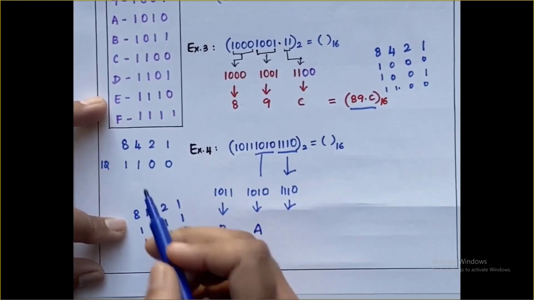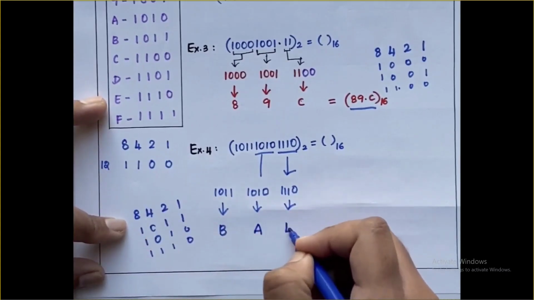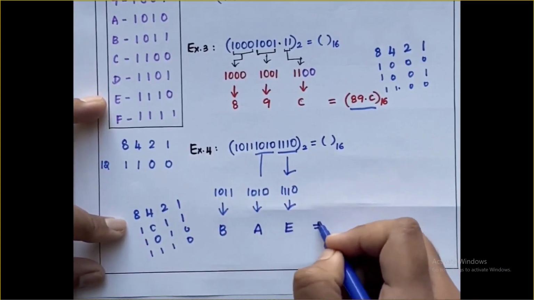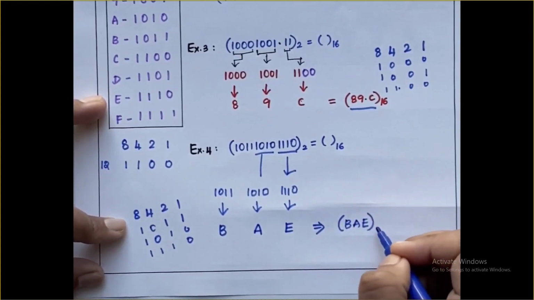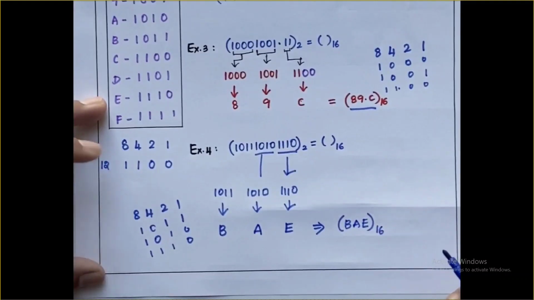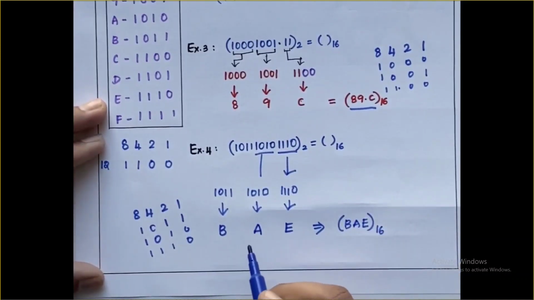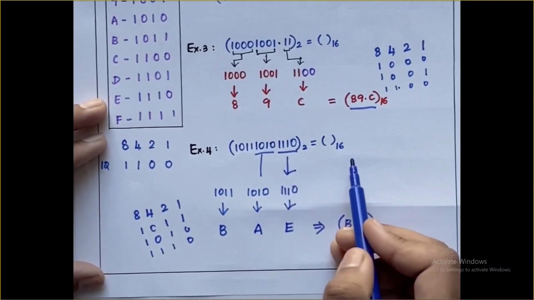So 14 has an equivalent representation with the alphabet E. So for the given binary value, the equivalent hexadecimal is BAE to the base of 16. This is the procedure to convert any given binary number into its equivalent hexadecimal number.